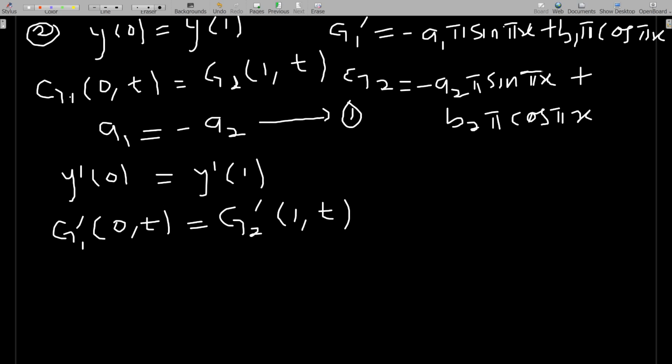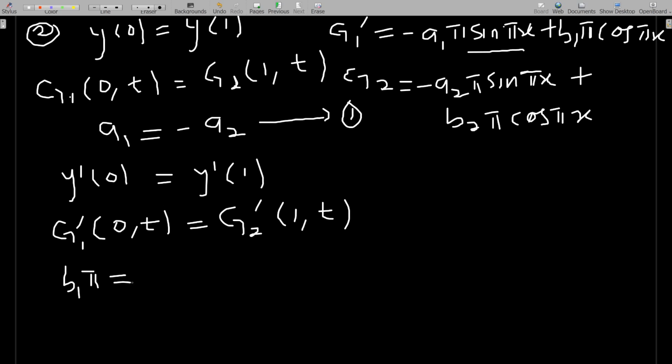Sine of 0 gives 0 and cos of 0 gives 1, so g1 prime of 0,t is b1 pi.